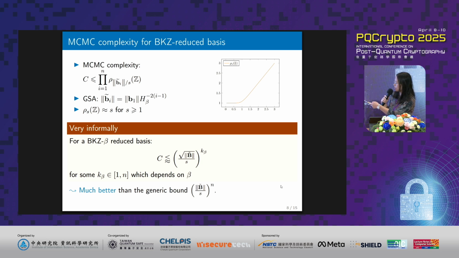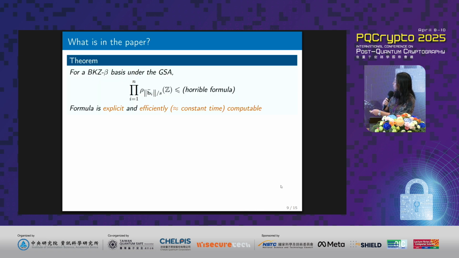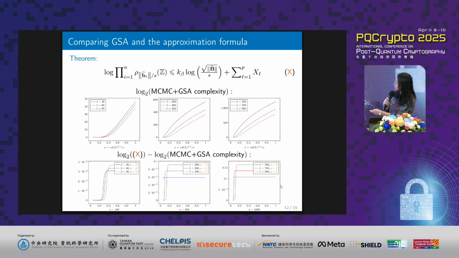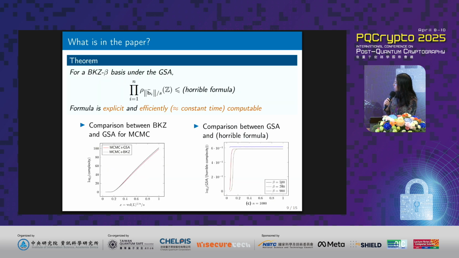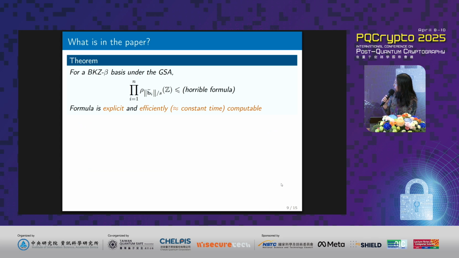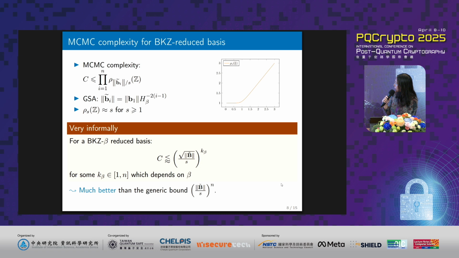This term here is the first, dominant term that we see, and then there's a correction term. But let's come back to the first slide. C is the real complexity, and this product of Gaussian mass is the upper bound. So that's the one you were trying to estimate.